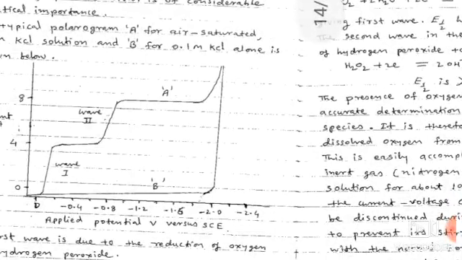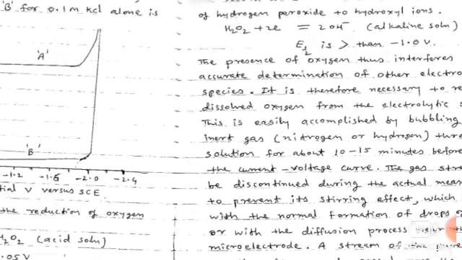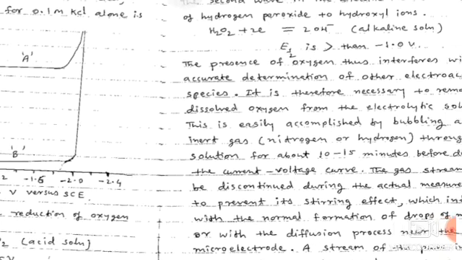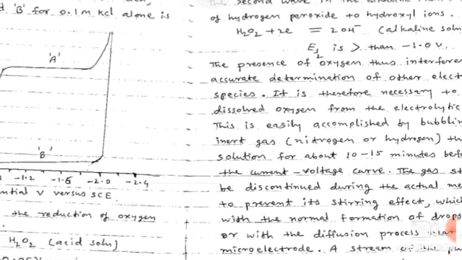And the second wave in alkaline media is the reduction of hydrogen peroxide to hydroxide ion, that is H2O2 + 2e- gives 2OH- ion in alkaline solution. So E half is greater than minus 0.1 volt.